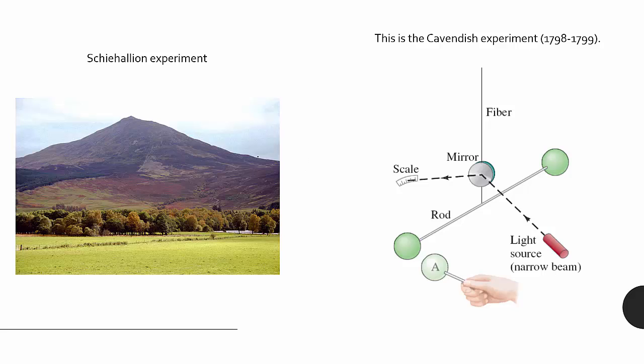So one thing they tried is they figured if they held up a plumb bob, so that's just like a weight on a string that hangs straight down, more or less, and if they were near a mountain, the gravitational force due to that mountain should pull our plumb bob sideways a little bit. So instead of hanging straight down, it would tilt, obviously exaggerated. But if they could measure that tilt, they could then figure out the gravitational constant.